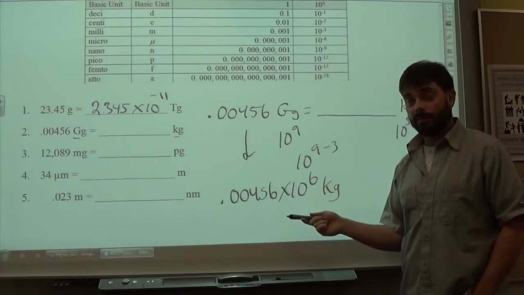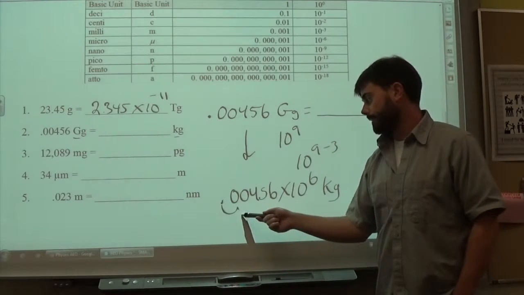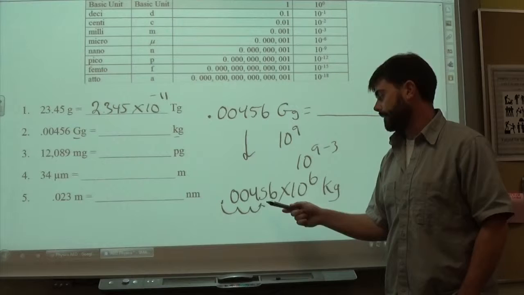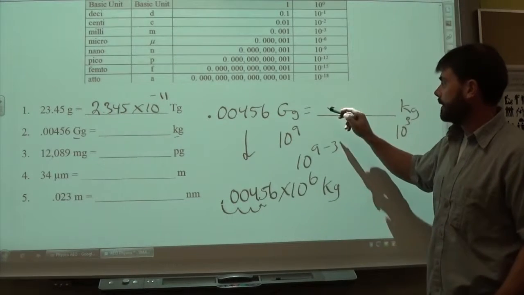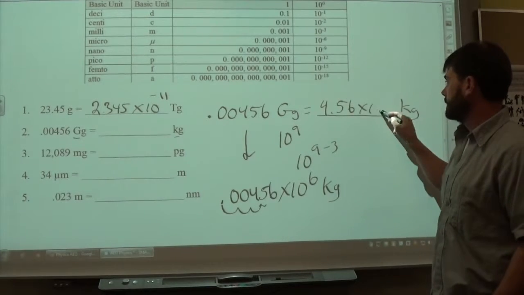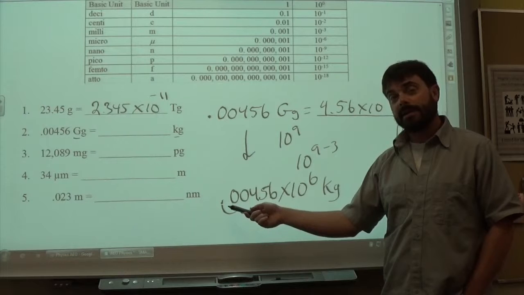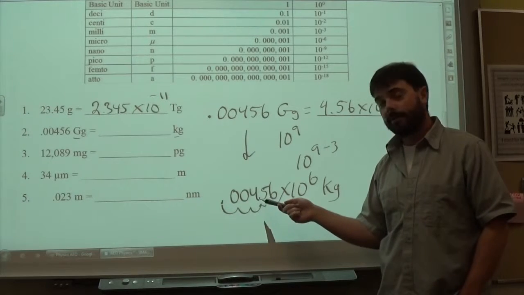Again, not the wrong number, just written the wrong way. The decimal should be between the first and second significant figure. So it should be between the 4 and the 5. So I'm going to write this as 4.56 times 10 to the. Now I'm making this one larger by a factor of 10, 100, and now 1,000.